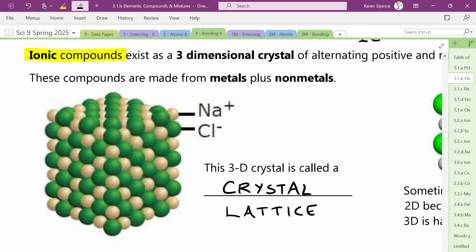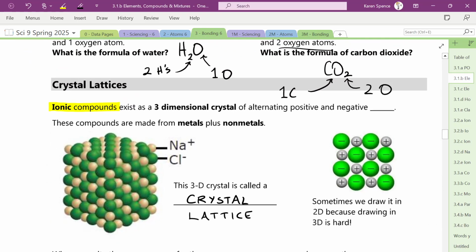Ionic compounds exist as a 3-dimensional crystal of alternating positive and negative ions.